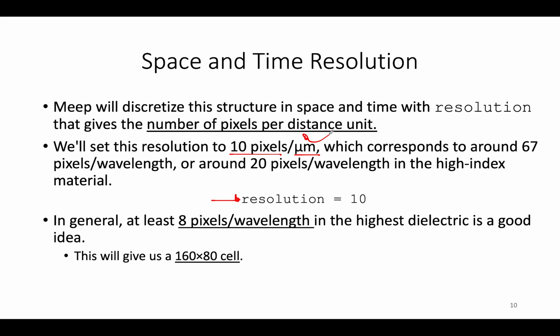This corresponds to around 67 pixels per wavelength, or around 20 pixels per wavelength in the high index material that is defined in the waveguide. In general, as a rule of thumb, at least 8 pixels per wavelength are needed in the highest dielectric, in this case our waveguide. So this resolution is going to give a discretization in space of 160 by 80 cells.